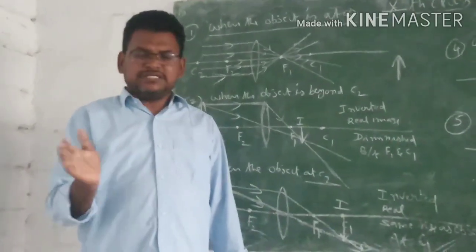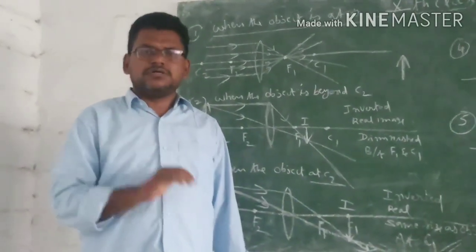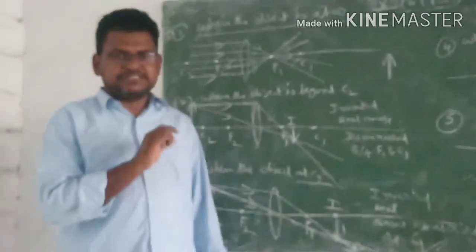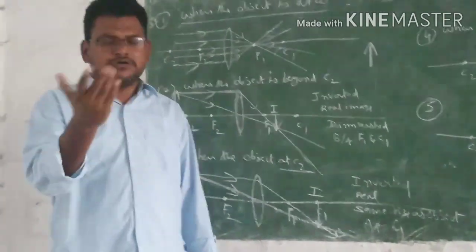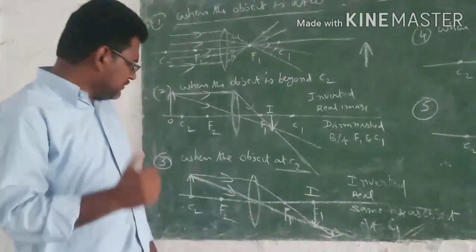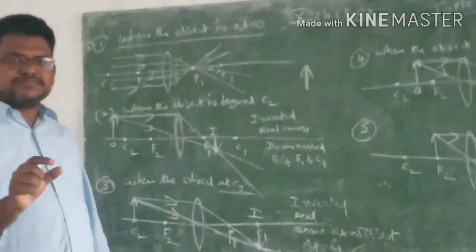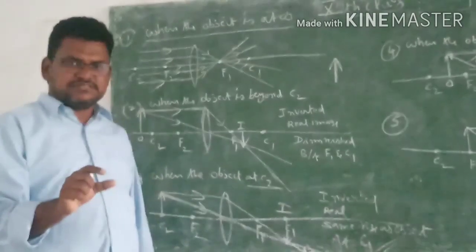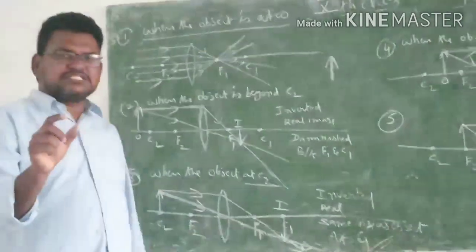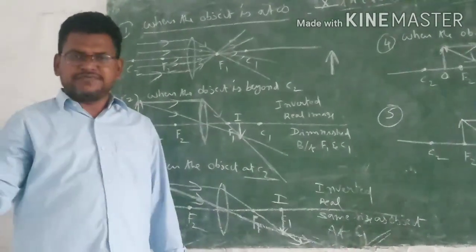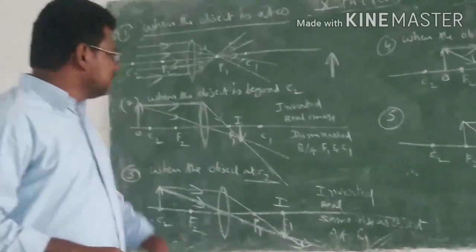So here, differently they will ask, so we have to identify this case and give the answer accordingly. So this is an important case. We get the same size and the same image distance when the object is at the center of curvature on one side of a lens. So this is the third case.